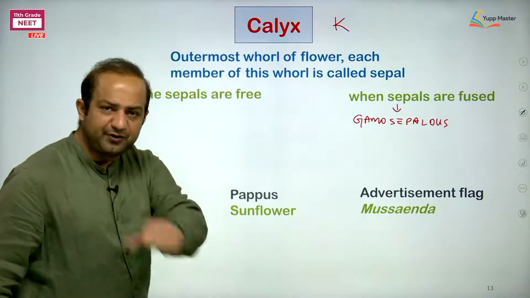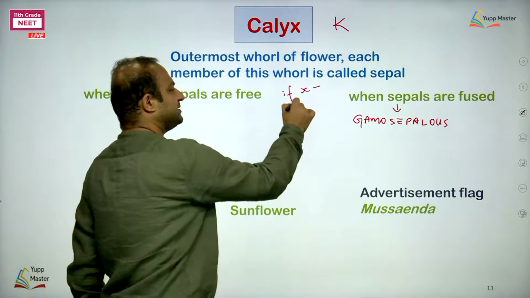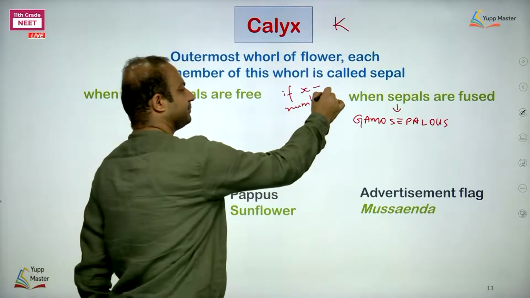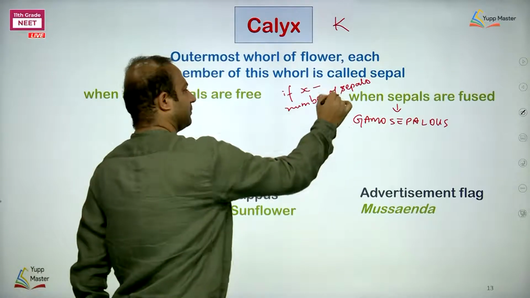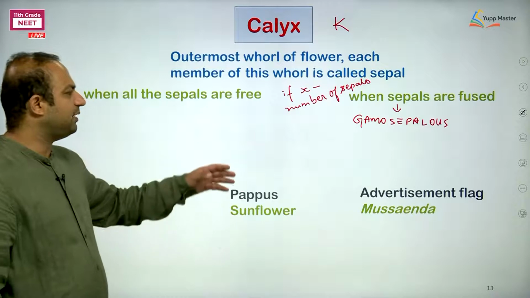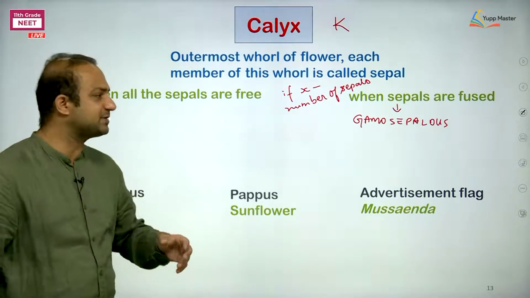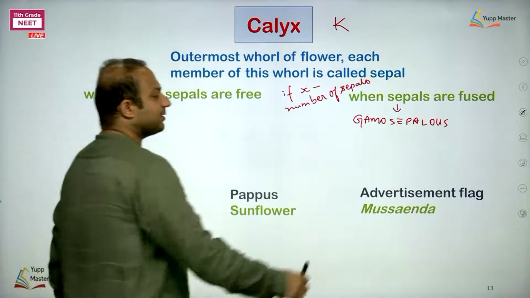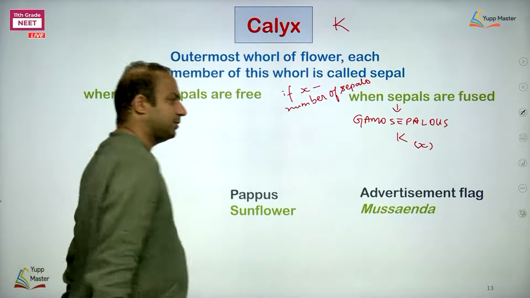And if X is the number of sepals, then we have simple things. When sepals are fused, I will write like this, K X within the bracket.